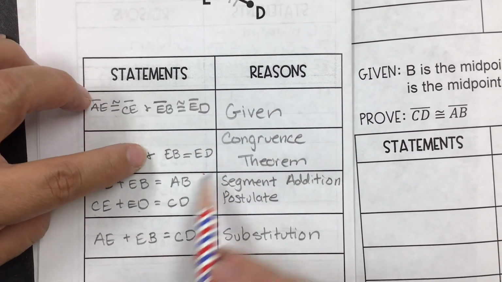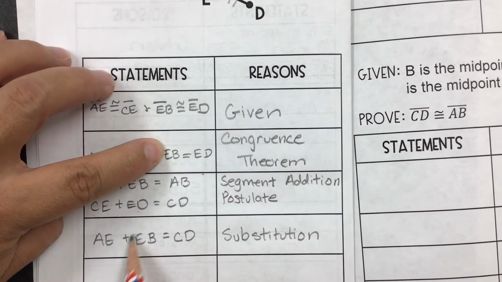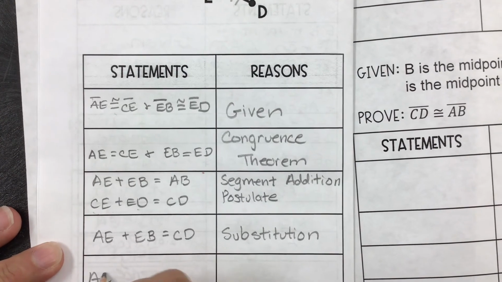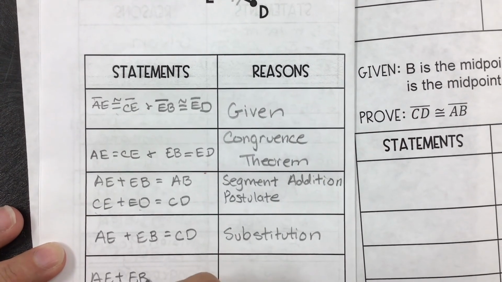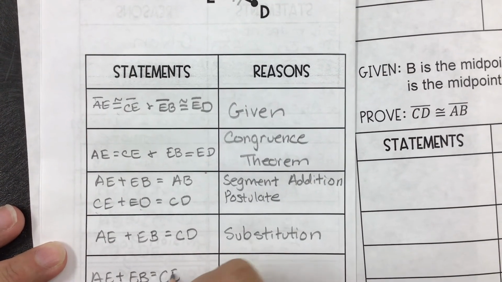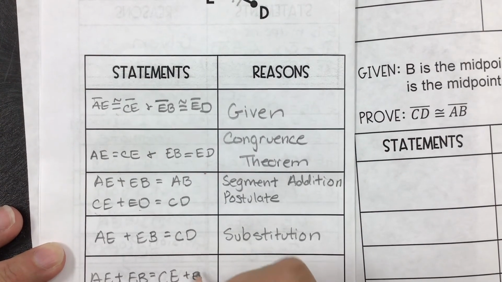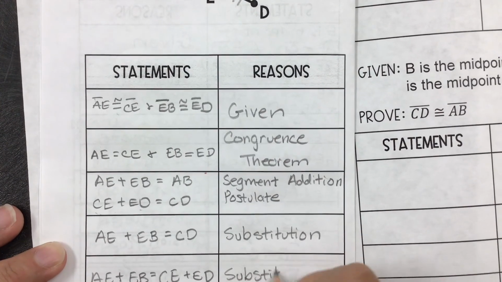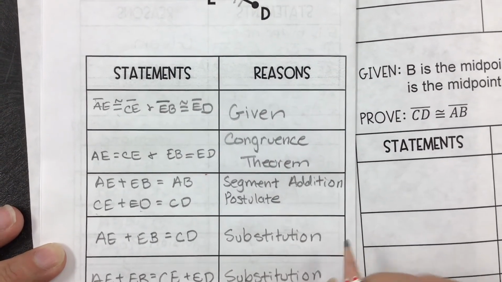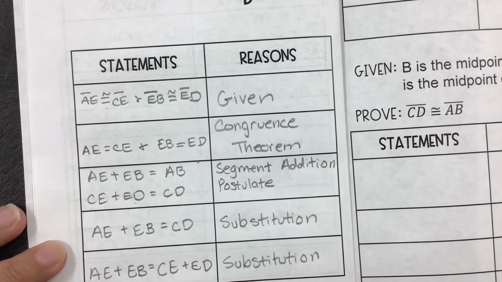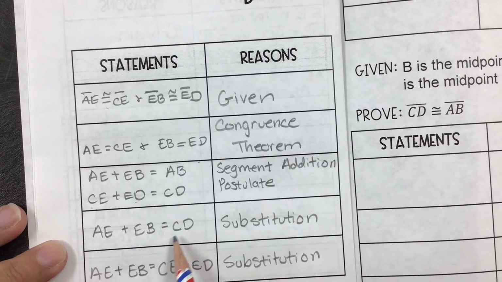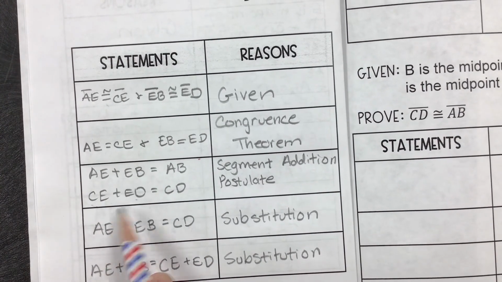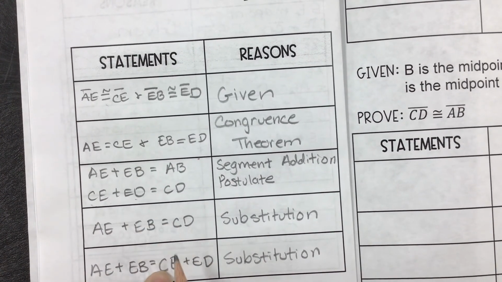Instead of writing ED, I wrote EB. Now I can write AE plus EB is equal to CE plus ED by substitution. So instead of writing the whole thing CD, I wrote CE plus ED from this line right here.